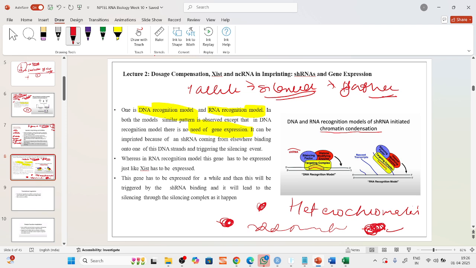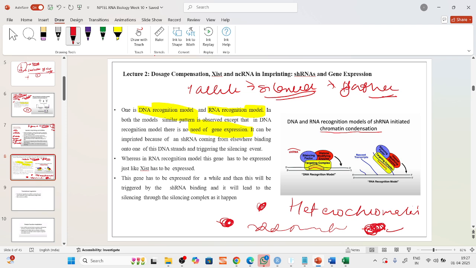So now, this was transcriptional regulation. Here also it binds to DNA, and then there cannot be any transcription. What if transcription has already happened? Can it not be prevented? Yes, it can be prevented. How?